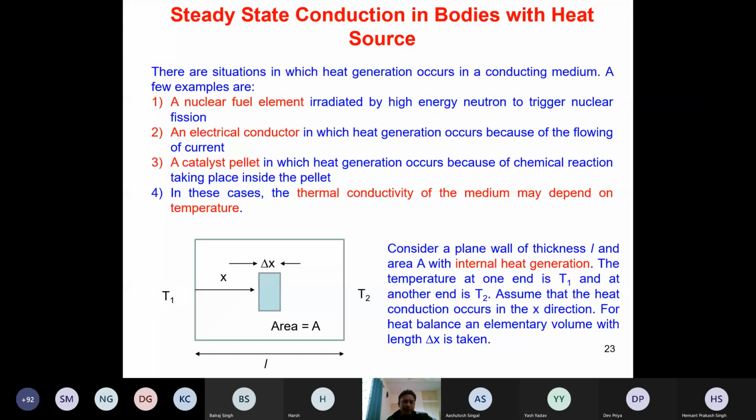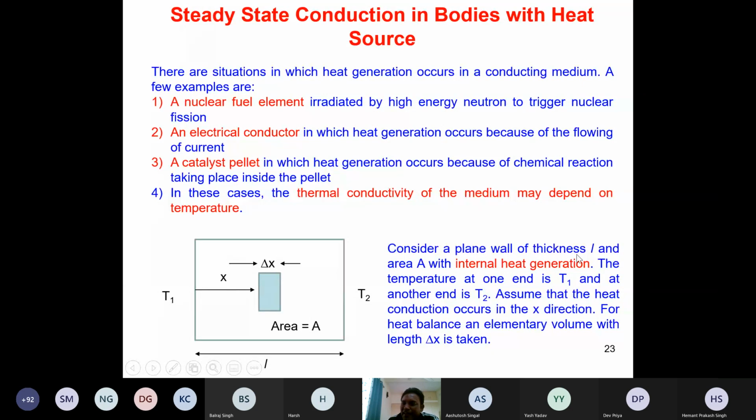Okay, so let us take the example of again a flat slab. The only difference here is that in this particular flat slab there is heat generation taking place.